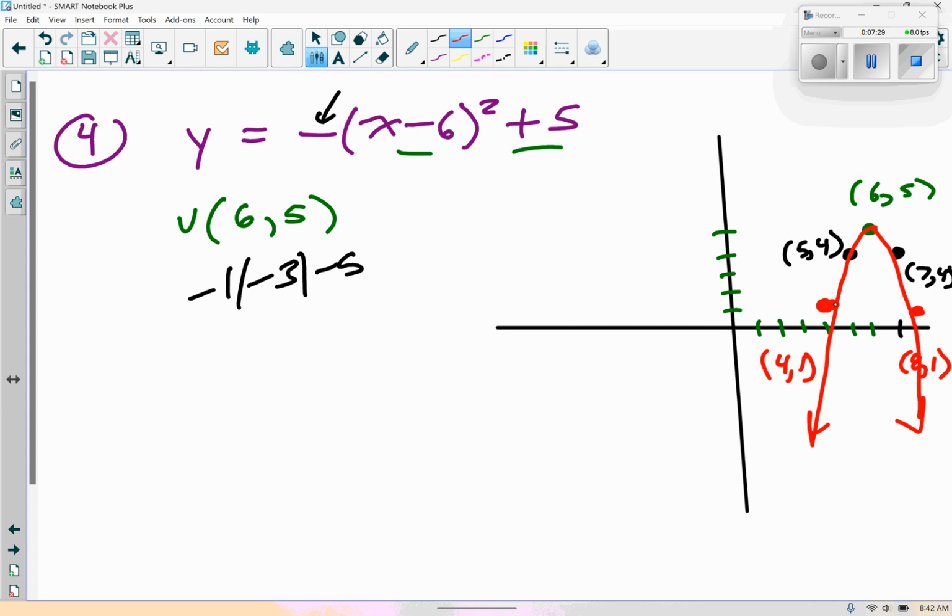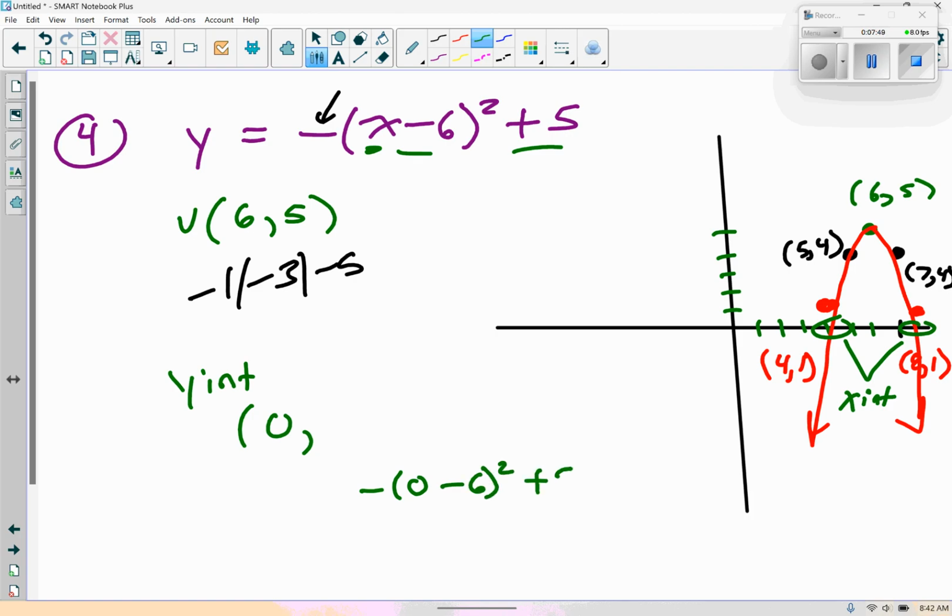All right, so where it's crossing the x-axis is here and here. Okay, we can't really see exactly what the point is because our dot didn't fall right on it yet. For our y-intercept, we're going to plug 0 into our original equation for x. So I have negative (0 minus 6) quantity squared plus 5.